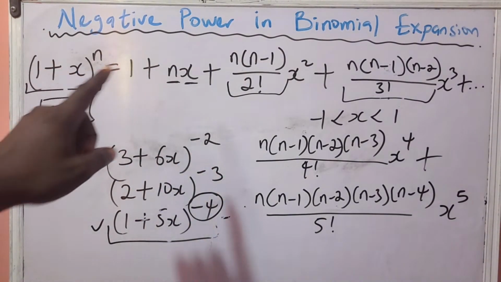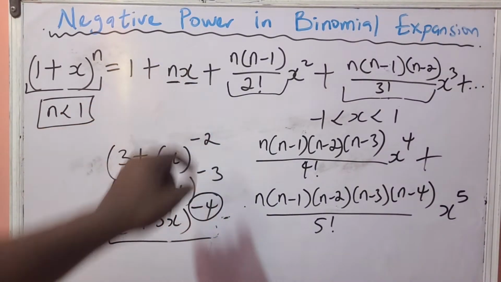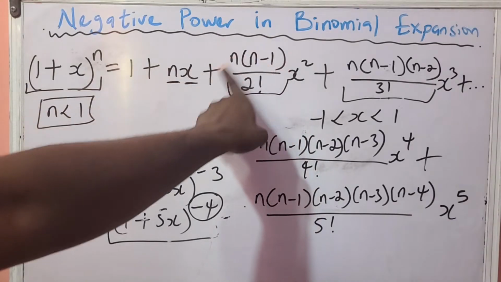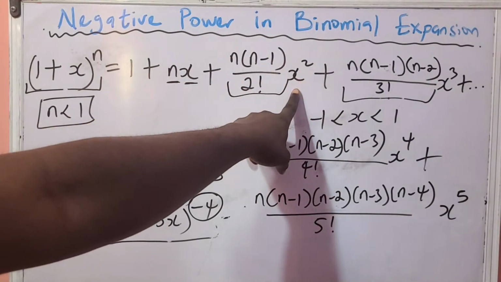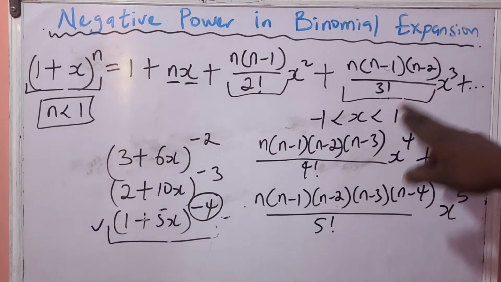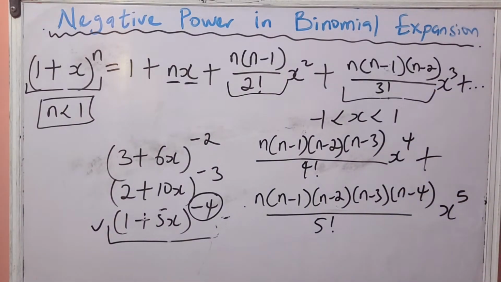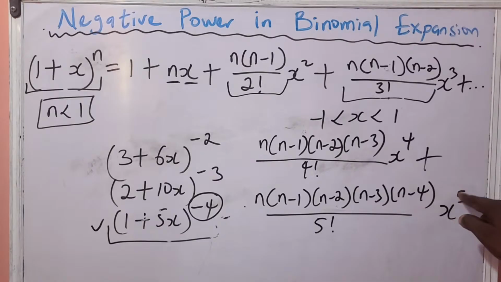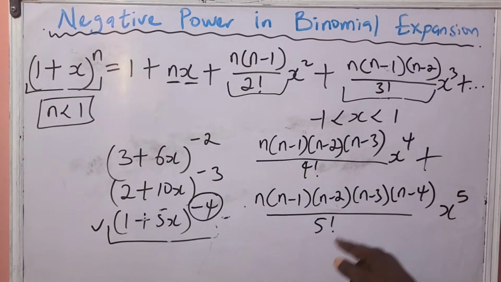The next term is n times x. The next term is n times n minus 1 over 2 factorial times x squared, and on and on. This is the fourth term, this is the fifth term, this is the sixth term. I'm sure you can write the sixth term. The sixth term would have been all this numerator with an addition of n minus 5 over 6 factorial times x raised to the power 6. So understand that format, and then you will not go wrong.